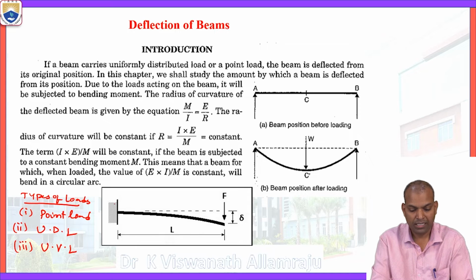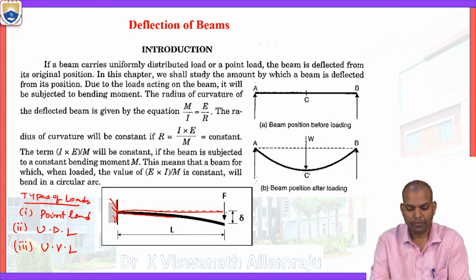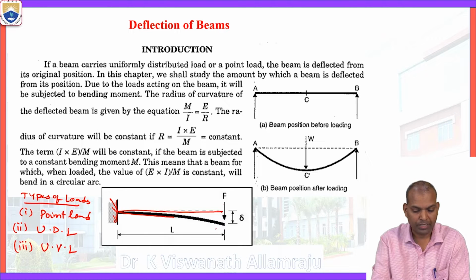Here it is a cantilever beam. Its initial position is straight. When the point load is applied at the free end, it is bent into a deflection. It is deflected. The deflection is denoted by delta.